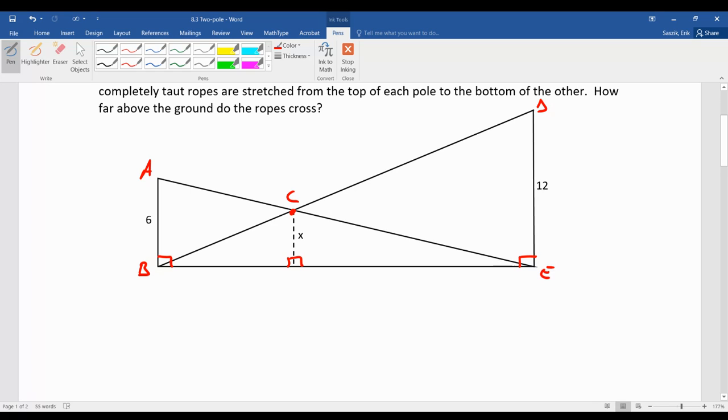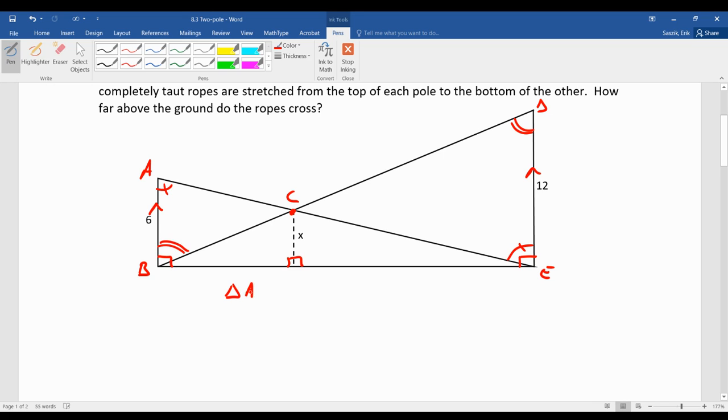Now I hope you realize here that we actually have similar triangles, okay? Because these poles are built straight out of the ground, they're parallel, so we have alternate interior angles there and there.